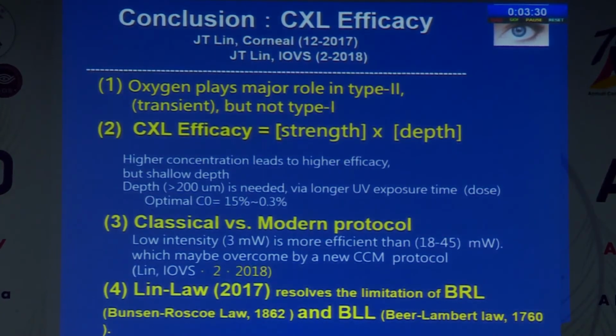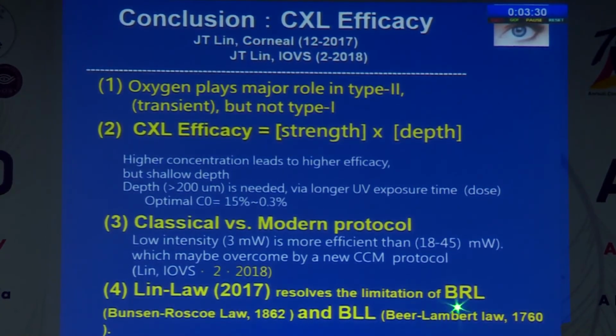And also the regular one is called BRL. Everybody knows this law. That was almost 200 years ago. The law says that any biological effect to a light is determined by the dose only, and therefore, for the same dose, if intensity increases, the irradiation time will decrease.